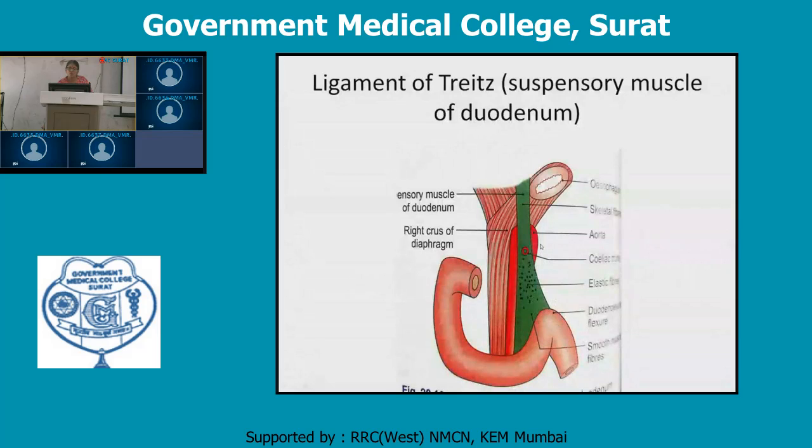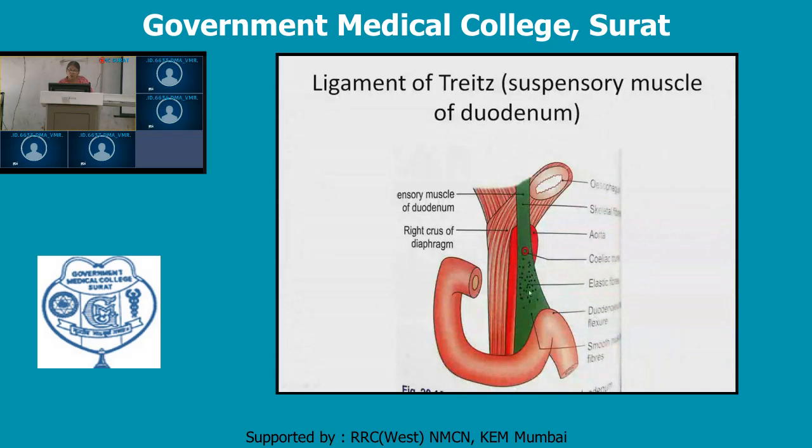Now, what is important about this ligament or muscle is that its upper part has skeletal fibers, very close to the right crus of the diaphragm, taking origin from there; the right crus of the diaphragm is also skeletal muscle. The middle part, which is dotted here, contains elastic fibers.